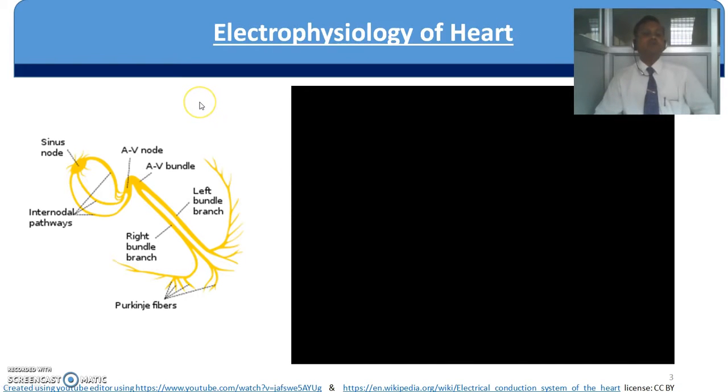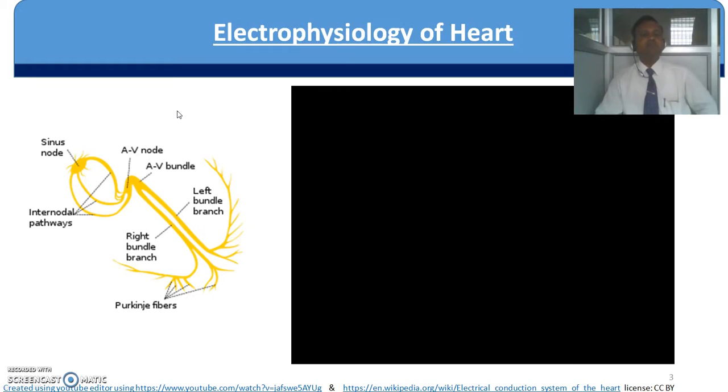Here, three important terms we have to remember. Heart muscle cells show three properties: automaticity, excitability or rhythmicity, and refractory period.